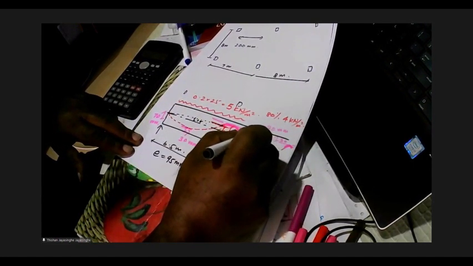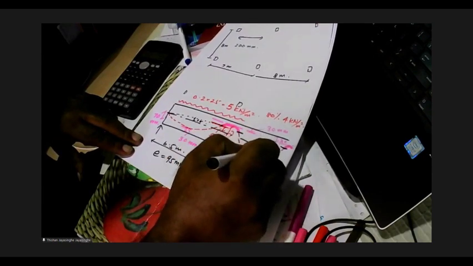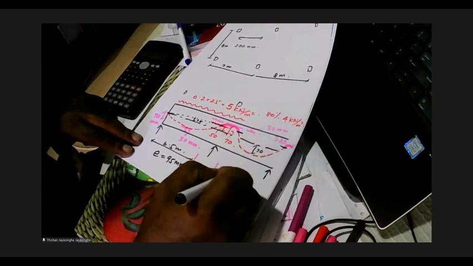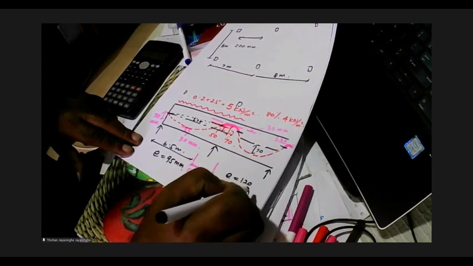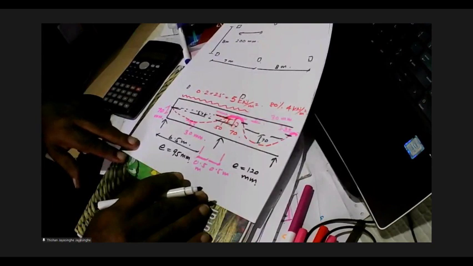And here you get an eccentricity of 50 plus 70 here, eccentricity of 120 millimeters here. Is that clear, Bashita? Here we are keeping something extra, okay?